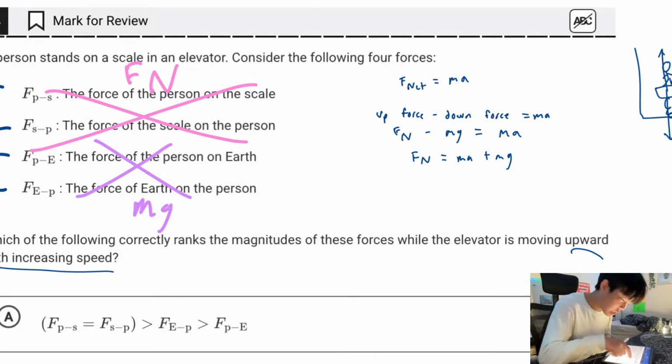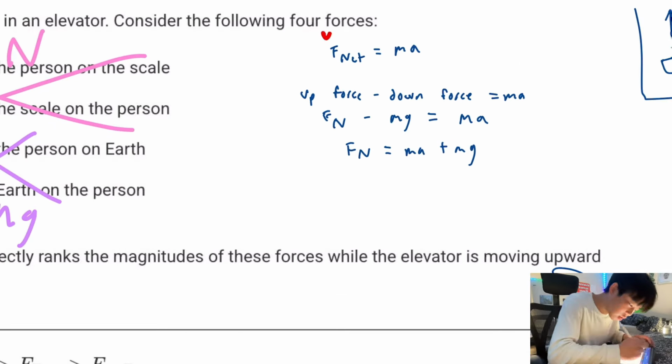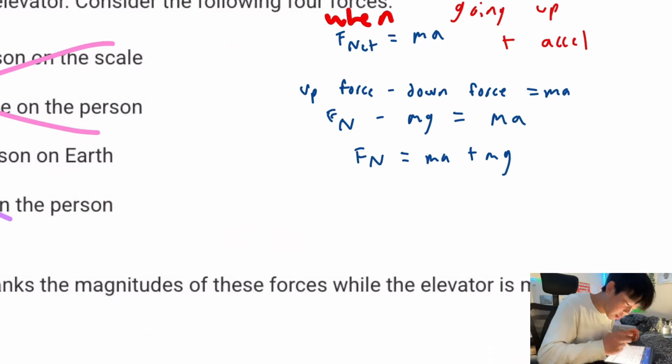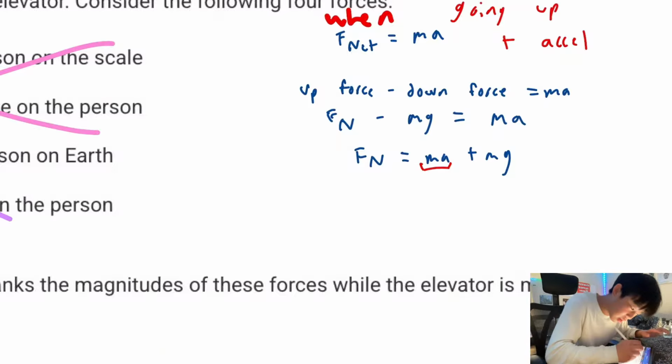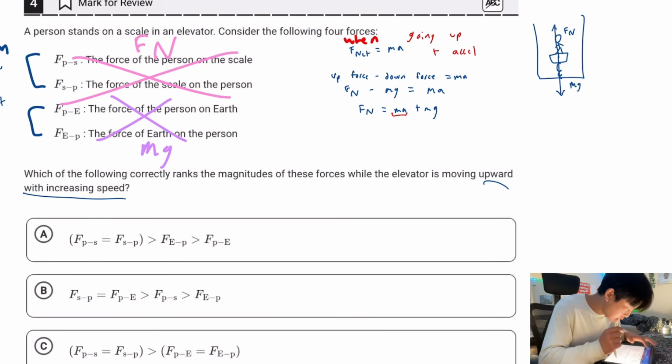So, as we know, when going up plus accelerating, the normal force is greater than mg. Why? Because there's an ma. I don't know how much easier I can explain this, but there are bigger fries to put in the bag. So anyway, this is how you know.